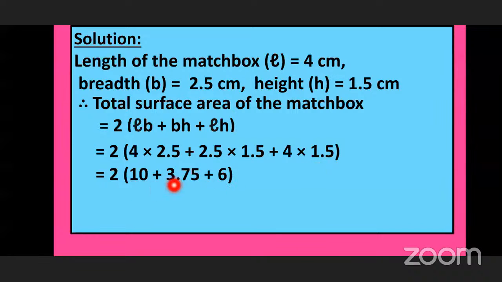Now tell me, what is the sum of these three numbers? It is 19.75. After getting 19.75, what do we have to do?